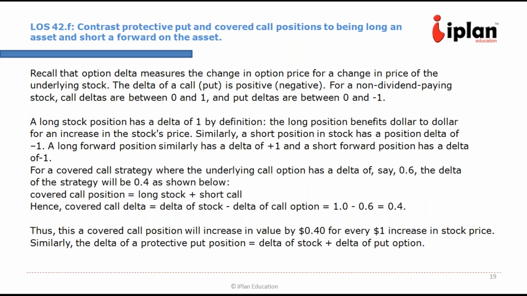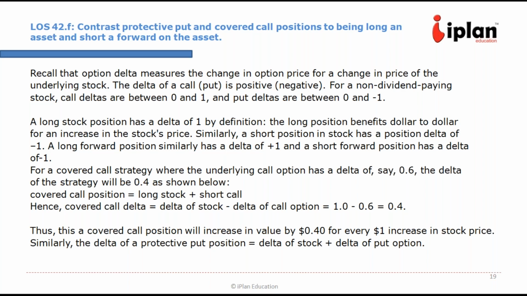But the delta of calls and puts is not similar to the delta of the stock. Here the delta of stock is understood as 1. So what happens is if the price goes 1 rupee up and the delta of the call option is 0.6, the call option premium will go 60 paisa up.